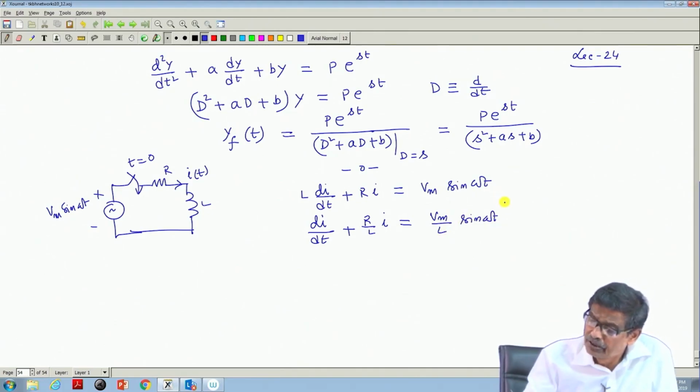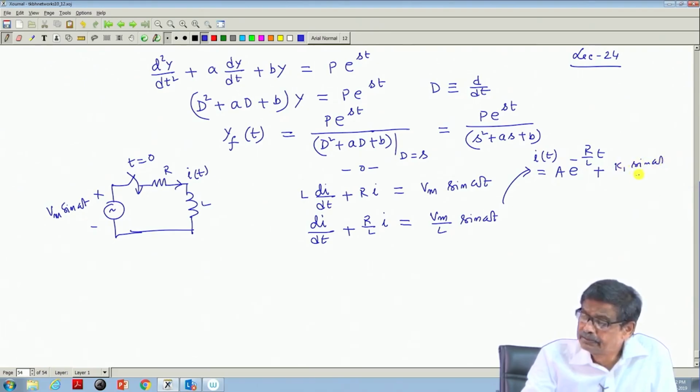Now, the solution of this is known. I wrote it earlier as I(t), total solution will be a into e to the power minus R by L into t plus some constant k 1 sin omega t plus k 2 cos omega t, etc. I did this earlier in this way.